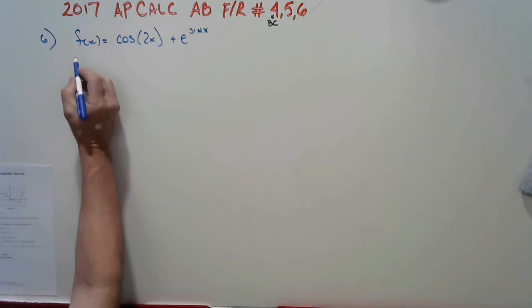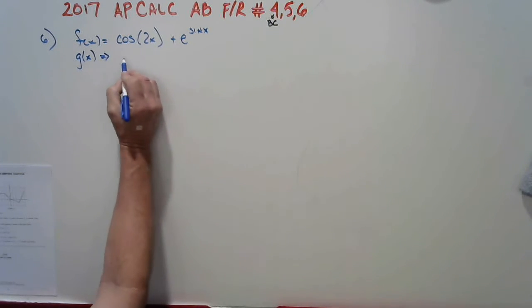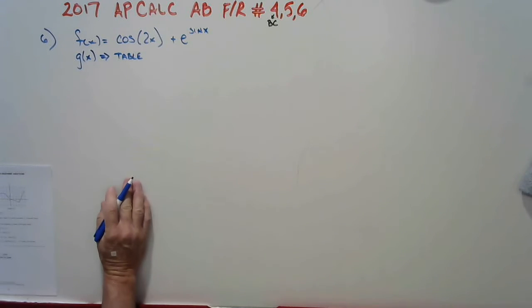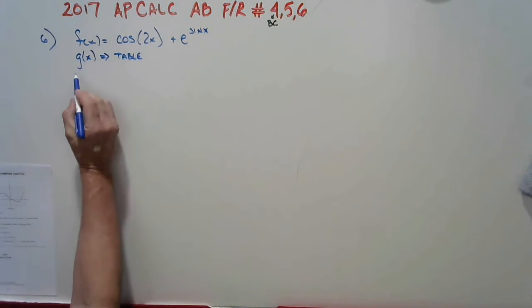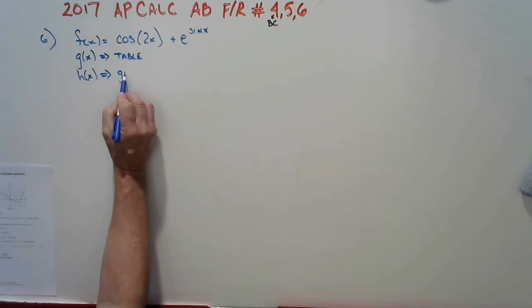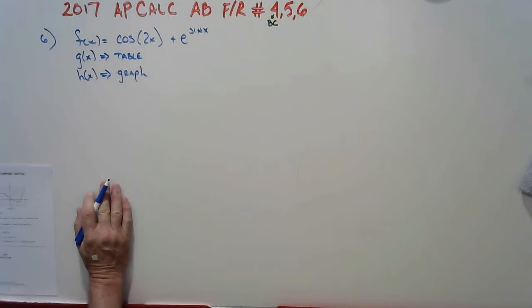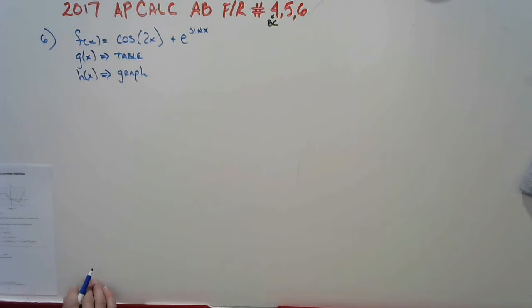Function g, which all we have there is a table of values. And then function h, and all we have there is a graph. Right? So they give us these functions, and they ask us questions about relationships between these functions.